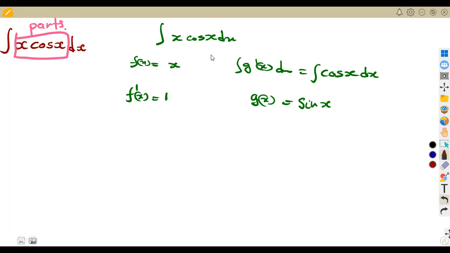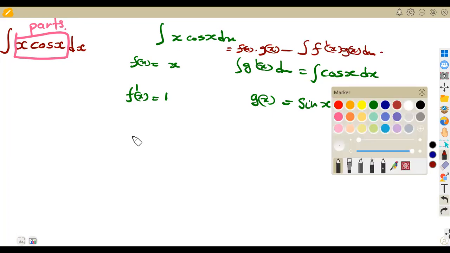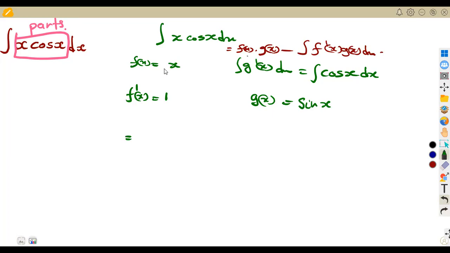From the formula, we are supposed to have f of x times g x minus the integral of f prime x times g x. So here we have our f of x, which is x, times g x, which is sine of x, minus the integral of f prime x, which is 1, times g x, which is sine of x, dx.